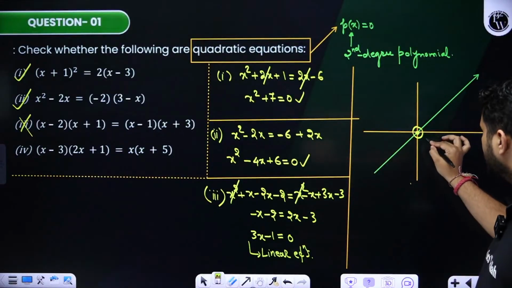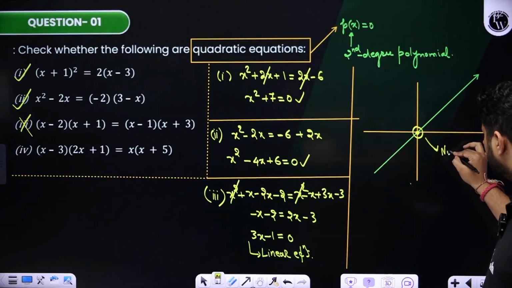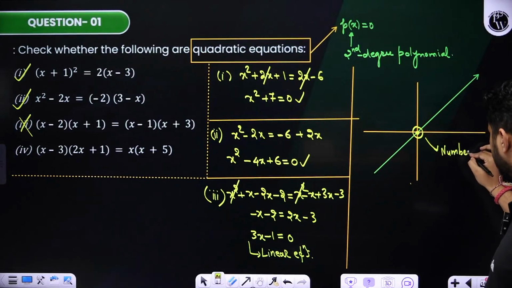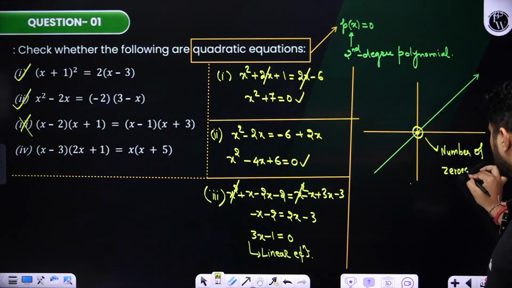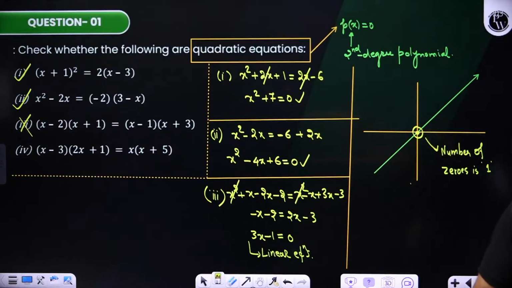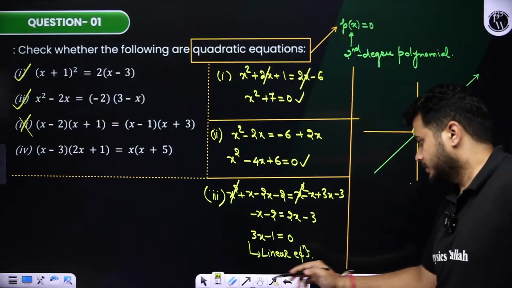So the answer is 1 over here. Number of zeros is 1 because the graph is passing through the origin. Clear? Done?